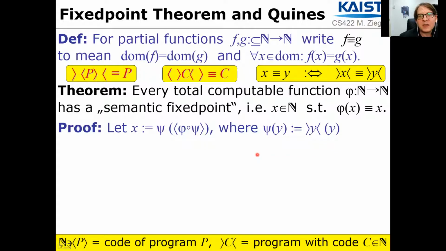So it's a constructive proof, actually, right? If you think about other fixed point theorems in mathematics, like Brouwer's fixed point theorem, or Banach fixed point theorem, maybe some of you have also heard of Kakutani fixed point theorem, many of these are non-constructive.